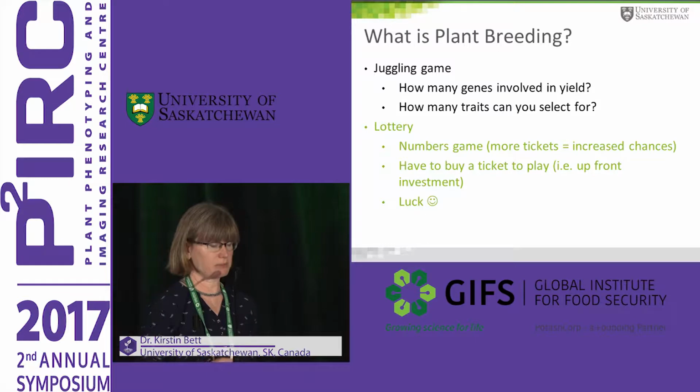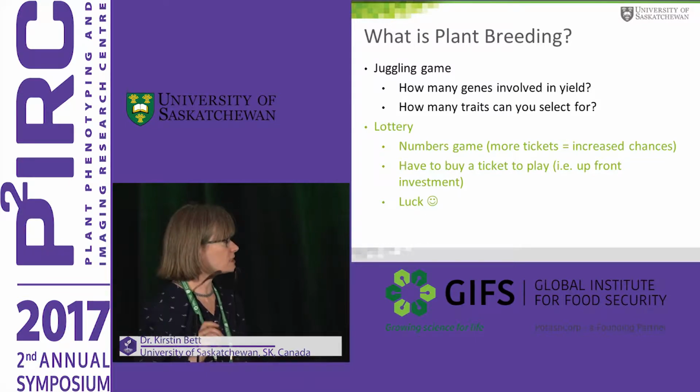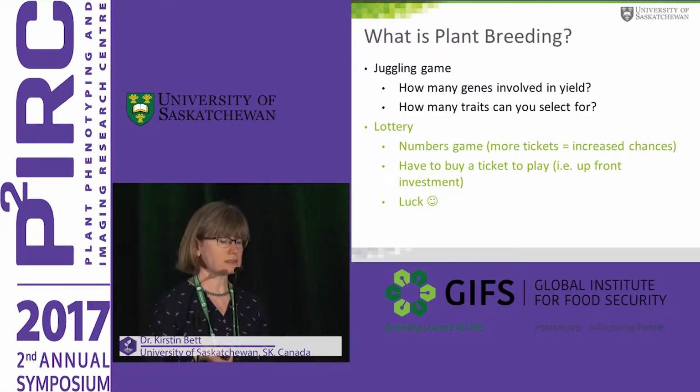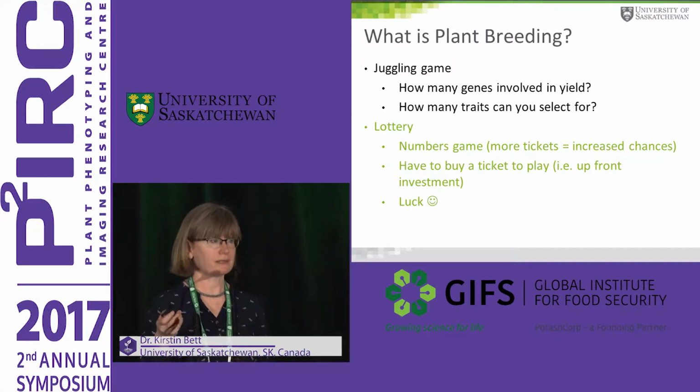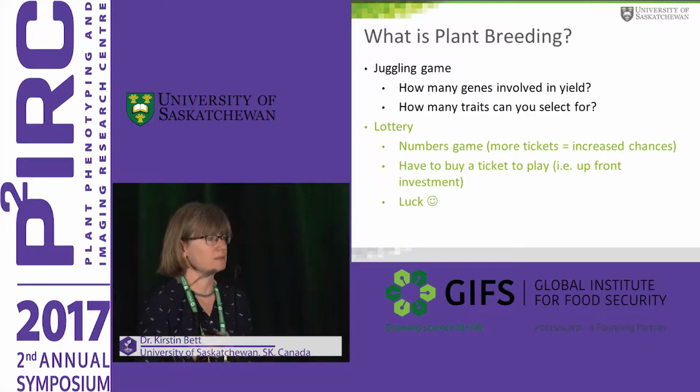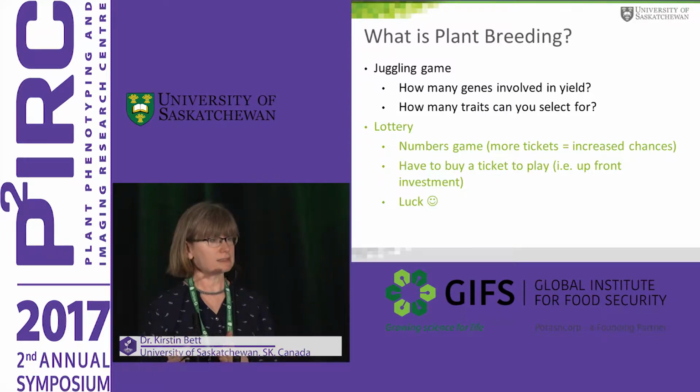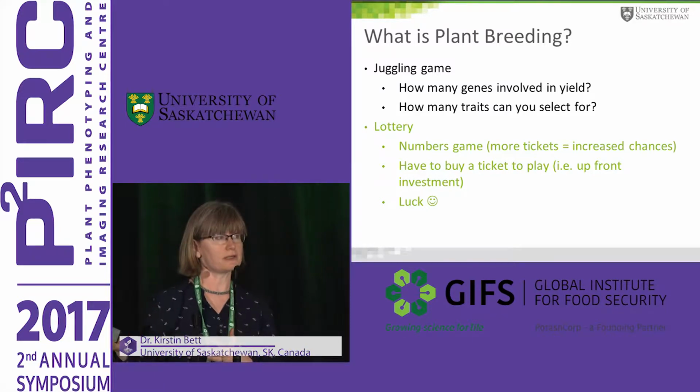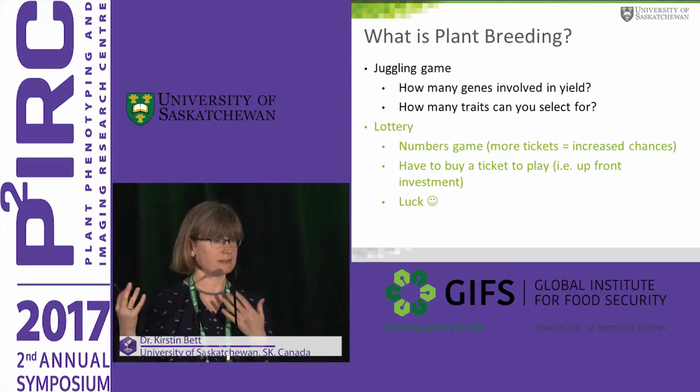And the other way of looking at plant breeding is that it's a lottery, because it's just a numbers game. The more tickets you have, the more you play, the bigger your chances of winning. Well, it's the same in breeding. The more tickets you have, which just means you need investment. You have to buy tickets, you need investment up front, you have to spend a ton of money to get to the end of the cycle and discover whether or not you actually manage to produce a variety that's better than what's already out there.